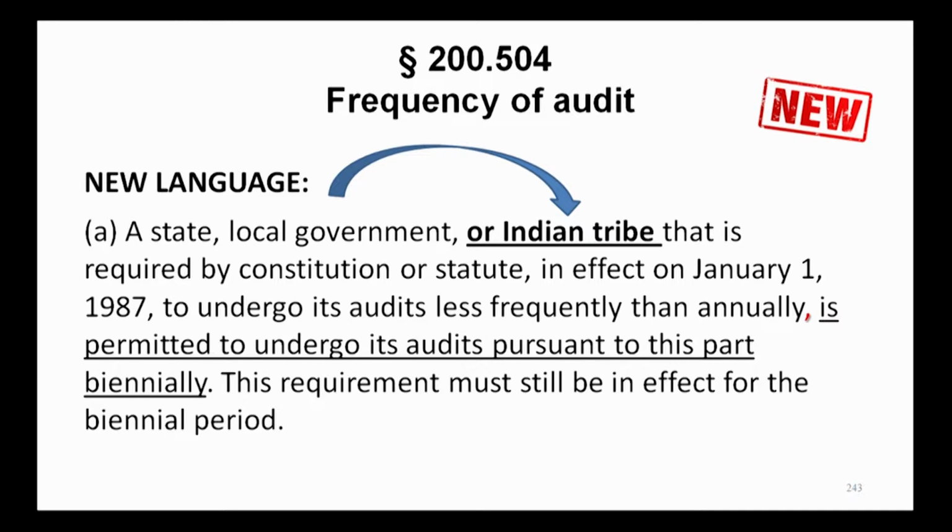So, 504, frequency of audit. So this is a provision that, and we found already a couple tribes that this applied to. If a state, local government, or Indian tribe is required by Constitution or statute in effect on January 1st, 1987, to undergo its audits on a biennial rather than an annual basis, the requirements must still be in effect for the biennial period.